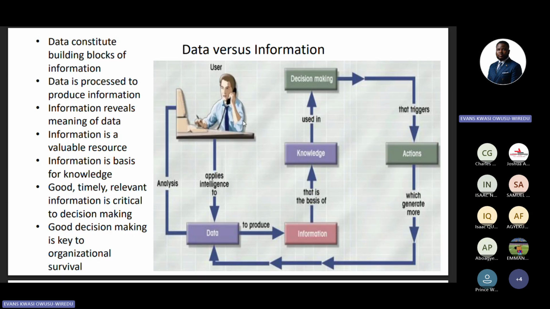It's a valuable resource. So if you compare data and information, information is more valuable, right? Unlike data that we may not understand. Information is the basis for knowledge, and it is true because if you look at the tree, data is processed into information, and the next step is knowledge, because you need understanding of the information to go to the next step called knowledge, right?